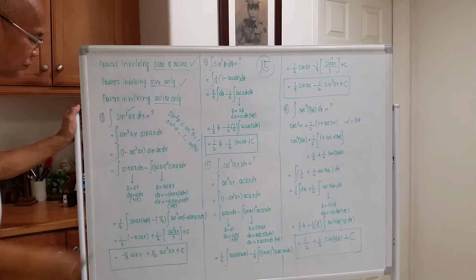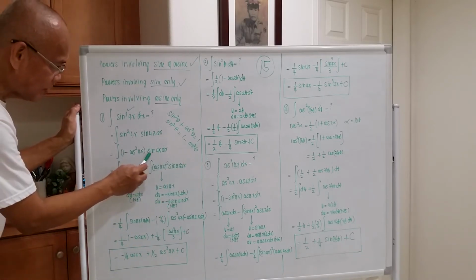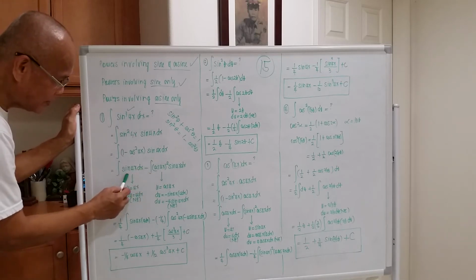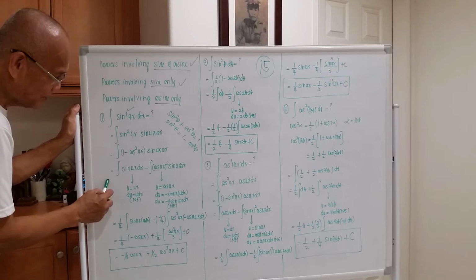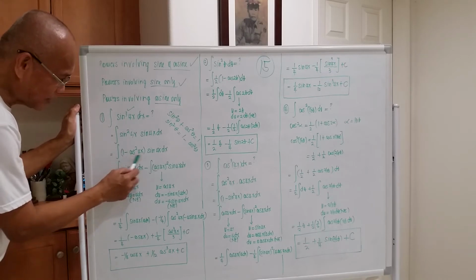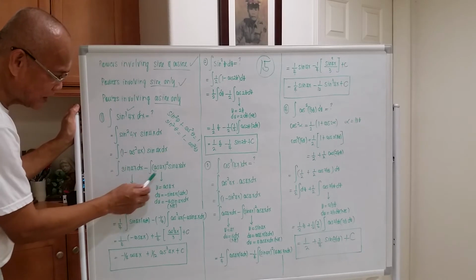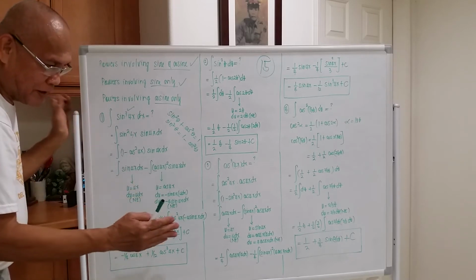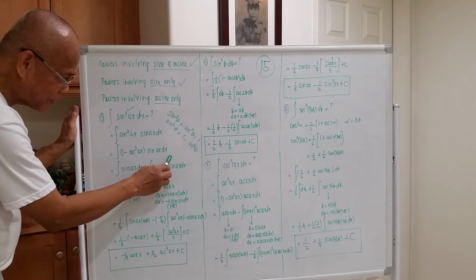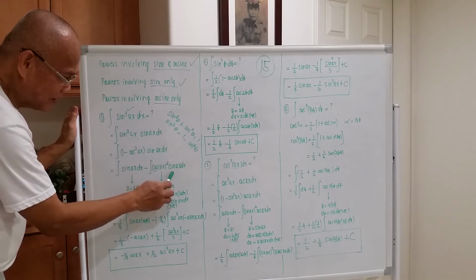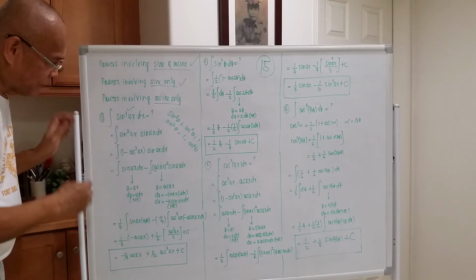Expand. 1 times sine of 4x dx is the integral of sine of 4x dx. Minus cosine square times sine of 4x is the integral of cosine of 4x to the second power, sine of 4x dx.